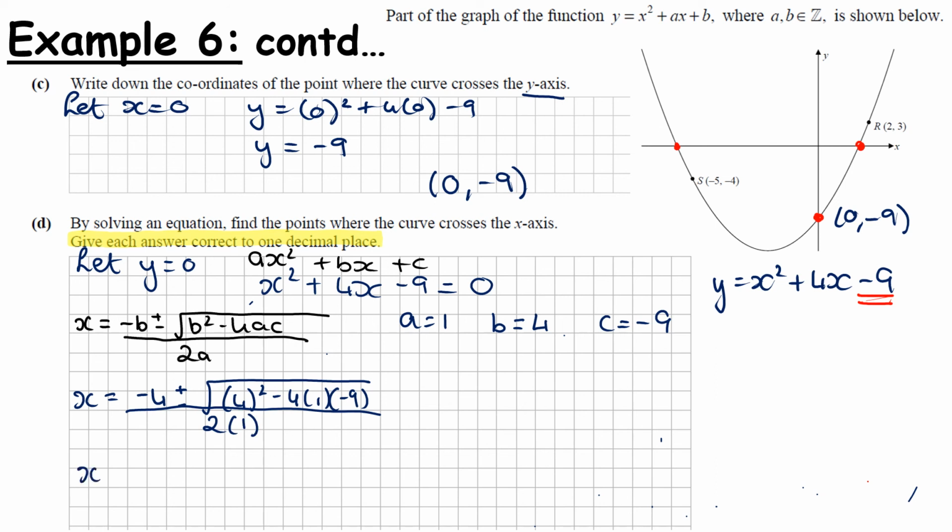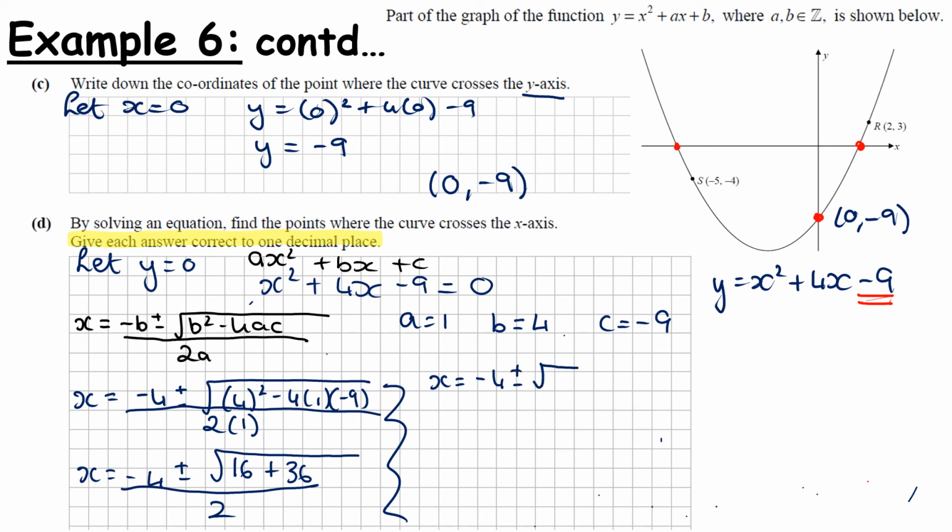Cleaning that up, we get x equals minus 4 plus or minus the square root of 16 minus 4 times minus 9, which is plus 36, all over 2. And then we get x is equal to minus 4 plus or minus the square root of 52, all over 2.